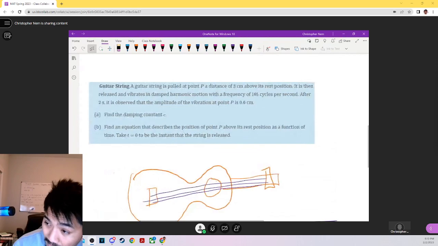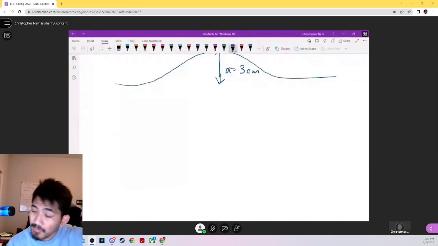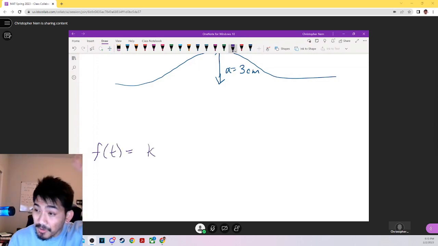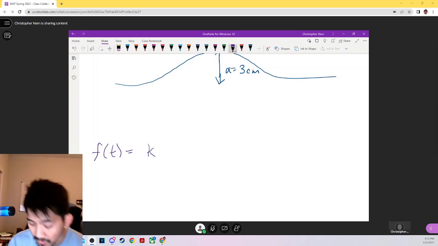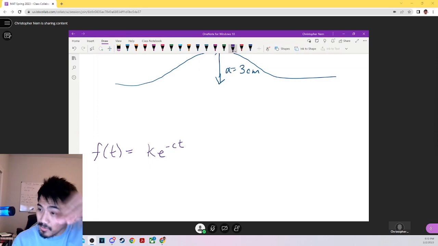So let me just write some stuff down. I know when I damp my harmonic motion, I'm using an exponential decay function. And if you remember, the exponential decay function is k, that's your initial value at time 0, times e to the negative ct. This will ensure that it goes downwards.